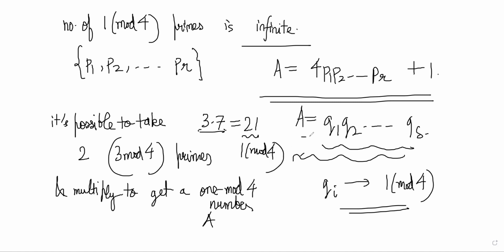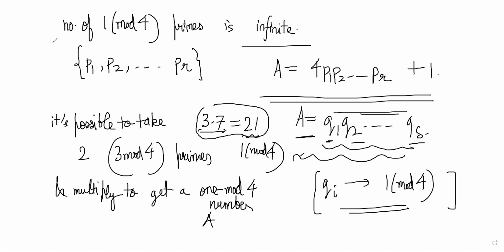So if my A is 1 mod 4, it doesn't guarantee that there has to be a Qi here which is 1 mod 4, right? Because all of the Q's could be 3 mod 4, and it could turn out to be a case like this where a product of 3 mod 4 primes is giving a 1 mod 4 number.